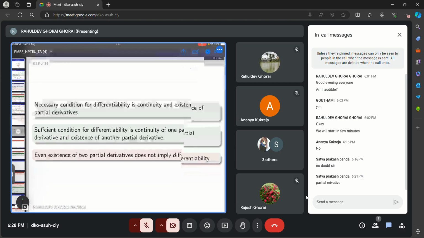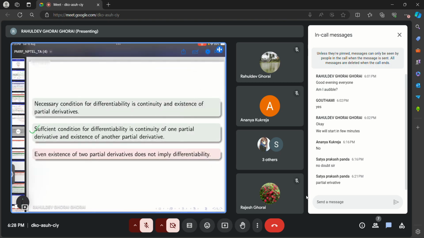That we will see. And the second line is the sufficient condition. It is sufficient. I mean, if we see the continuity of one partial derivative and the existence of the other partial derivative, then the function will be differentiable. Okay, this will imply differentiability, but the necessary condition does not imply differentiability. If that does not happen, then it is not differentiable.